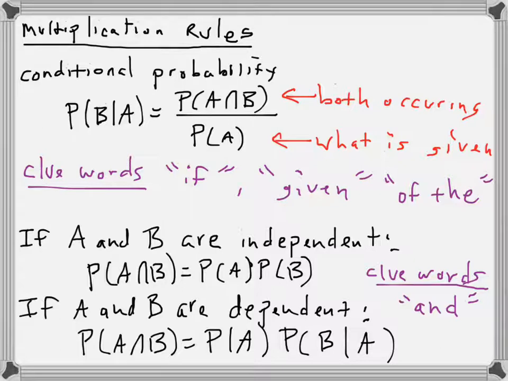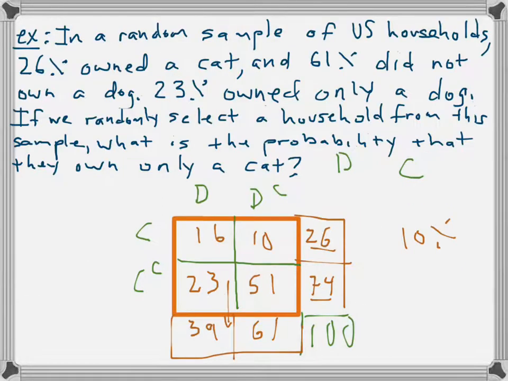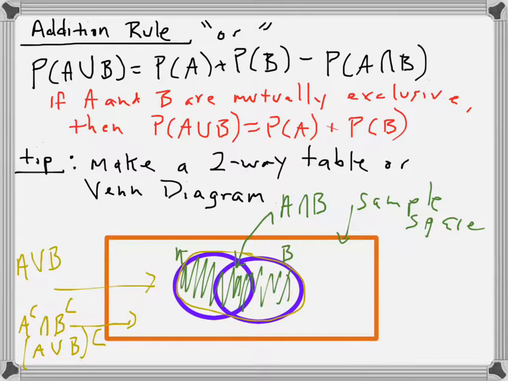I think a lot of times, too, going back to even the addition rule, sometimes the hardest thing, you look at a problem and you're like, well, do I use the addition rule, multiplication rule? So I'm trying to throw in these clue words. Some of the clue words for the addition rule are going to be definitely the word "or." That's why I put the word or in quotation marks there.